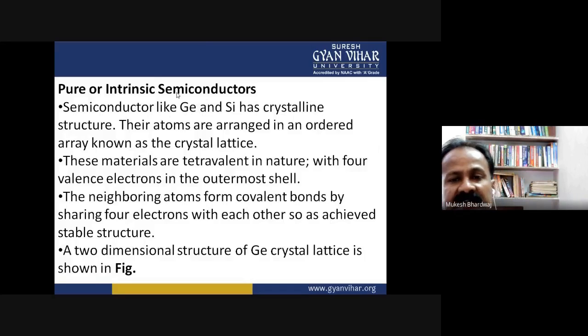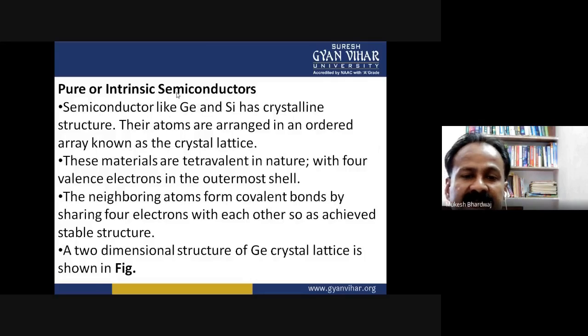Their atoms are arranged in an ordered array known as a crystal lattice. These materials are tetravalent in nature, with four valence electrons in the outermost shell. So the electronic configuration of fourth group elements has four valence electrons in their outermost shell.